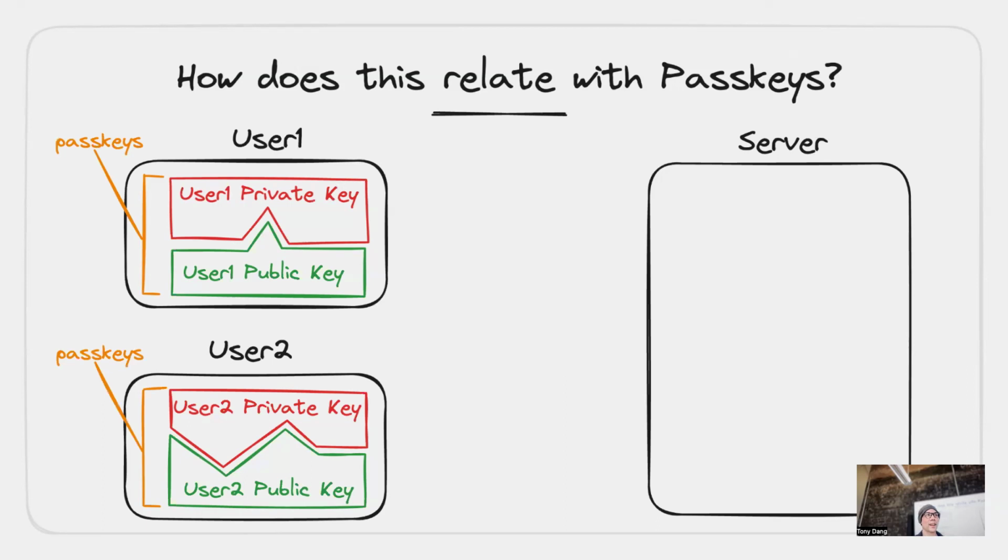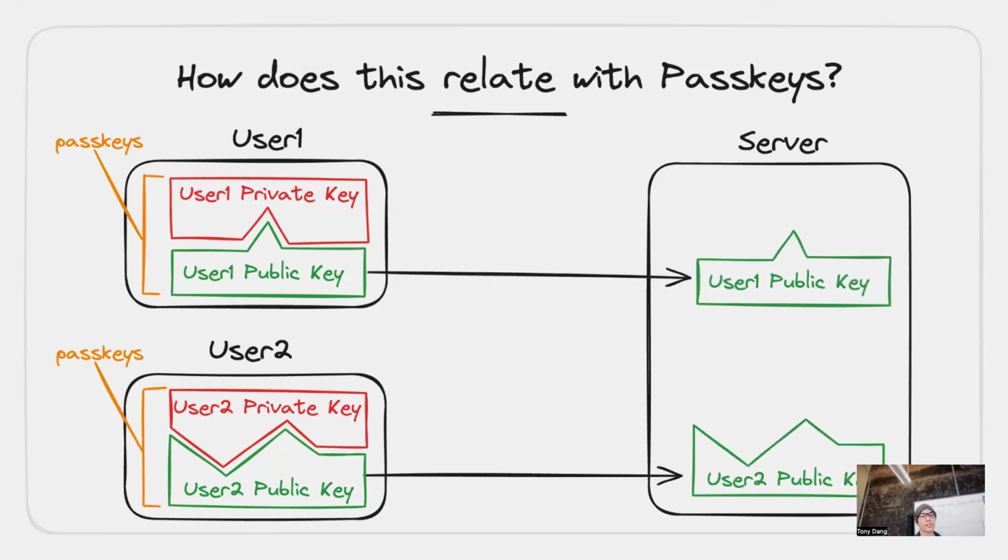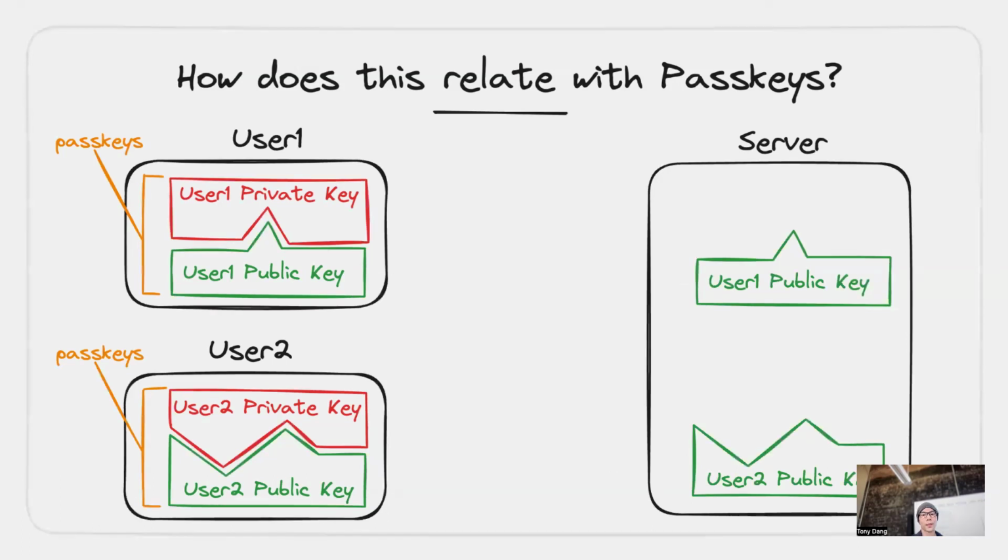So behind the scenes, passkeys are really just a pair of private and public keys. So in order to register with a server, we will have to have each user send their public key to the server. So once that's on the server, they're pretty much registered with the web application.